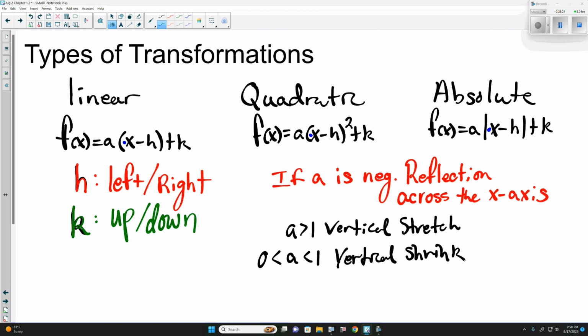A greater than 1 is a vertical stretch. If it's between 0 and 1, it's a shrink. Now, again, if the a value is negative, the negative has nothing to do with vertical stretch or shrink. It has only to do with the reflection. Questions on this here?